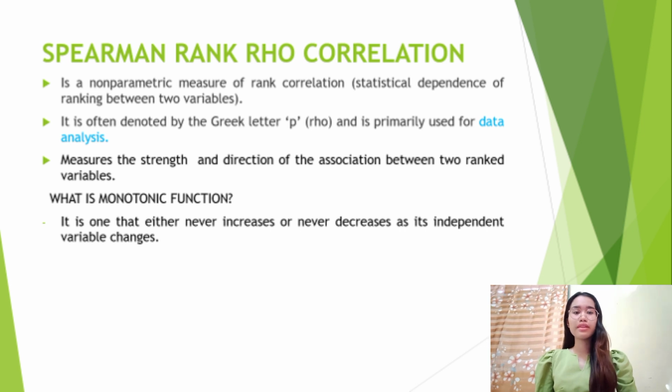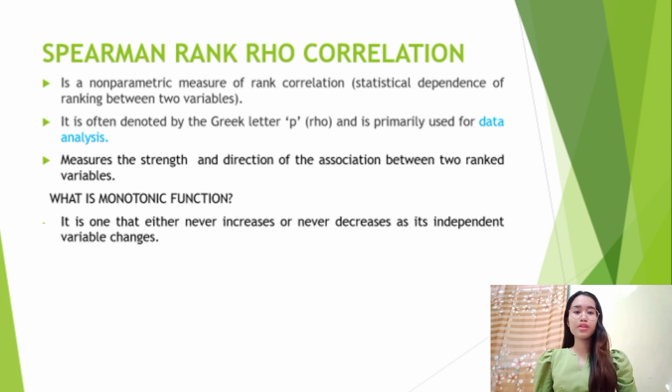It is denoted by the symbol rs or the Greek letter rho. The test is used for either ordinal variables or for continuous data that has failed the assumptions necessary for conducting the Pearson's product moment correlation.